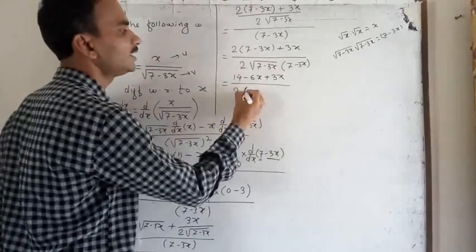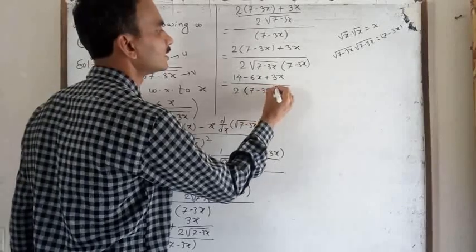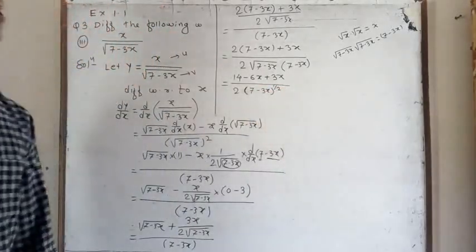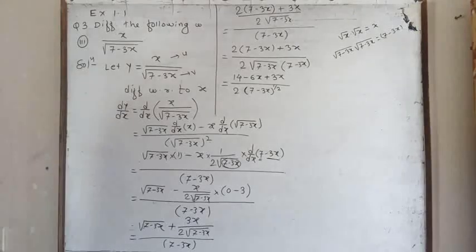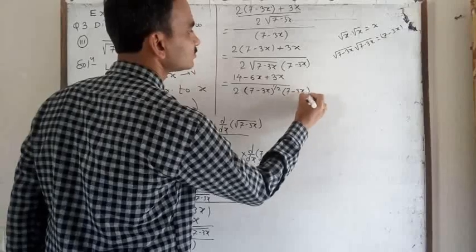We write these under root terms as x to the power 1 by 2. And here there is a term 7 minus 3x.